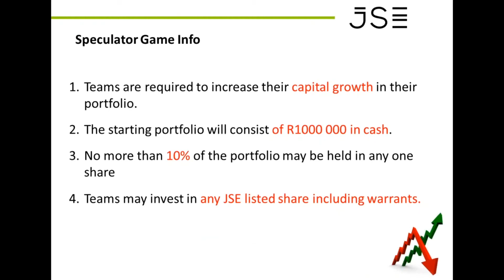If we go to the speculative game, teams are required to increase their capital growth in the portfolio. The starting portfolio will consist of R1,000,000 in cash. No more than 10% of the portfolio may be held in any one share. Teams may invest in any JSE listed share, including warrants.